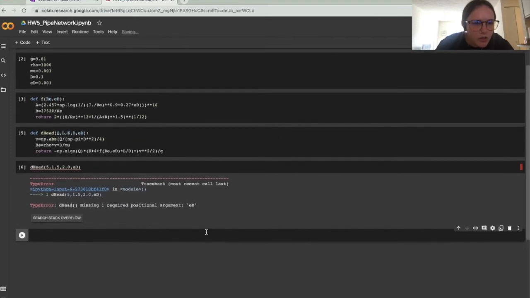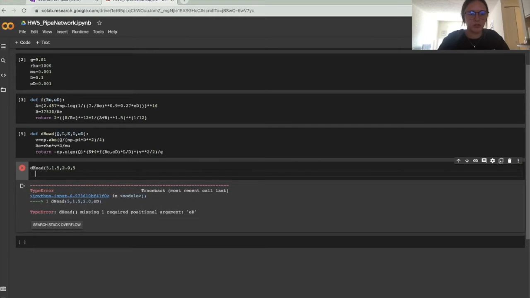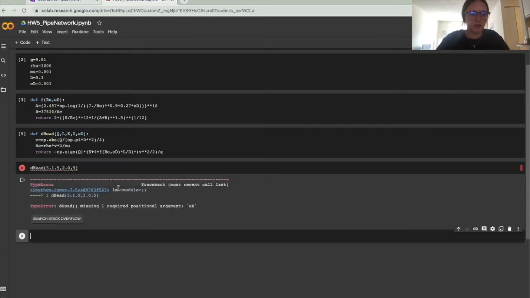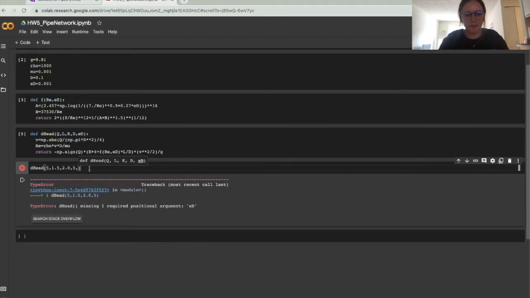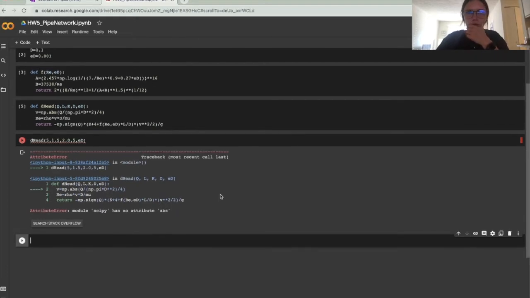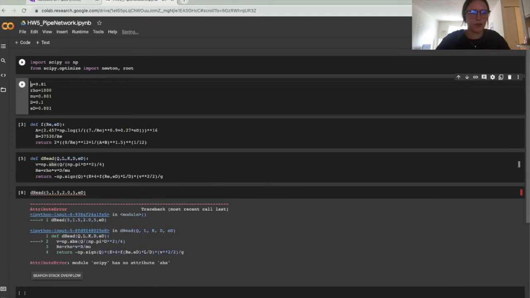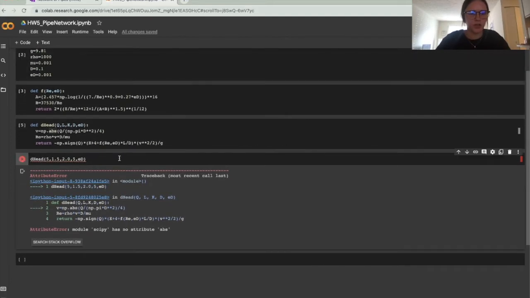I might just need to put a number here. Nope, D head missing. Oh, I'm sorry, I forgot that this is D, so now we need ED. There we go, that should work. SciPy has no abs. Huh. Not sure why it's giving me that. Do I need to run it again?